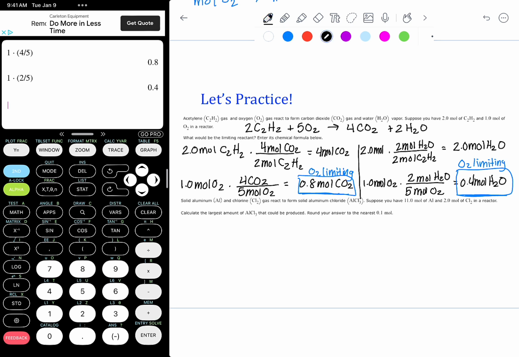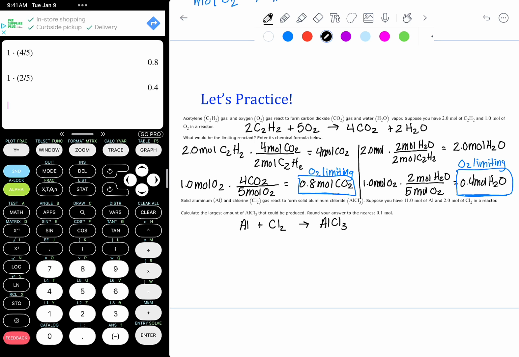So we're going to start this problem out by balancing our chemical equation. So we have Al plus Cl2 goes to AlCl3.